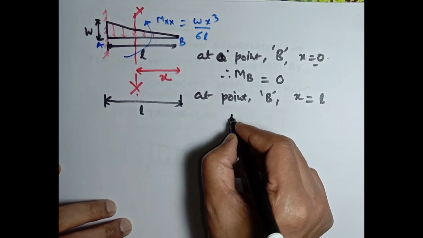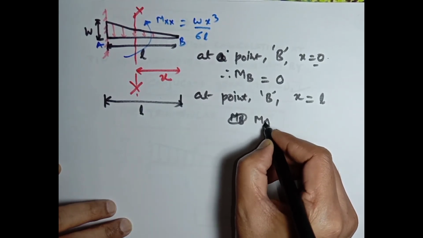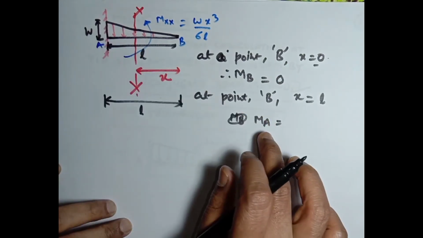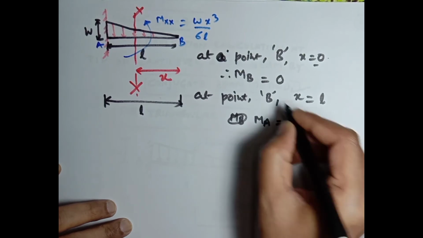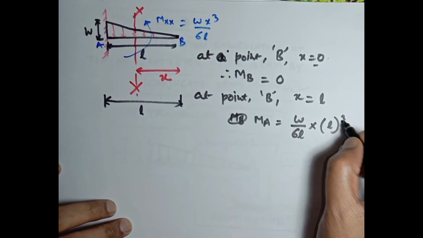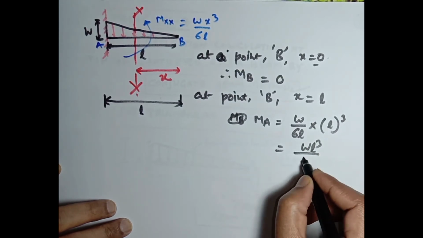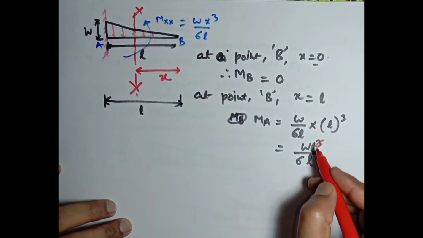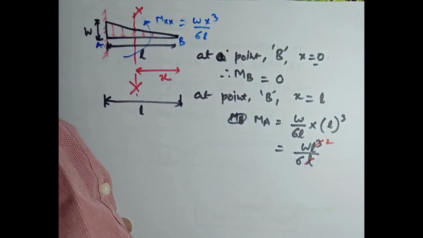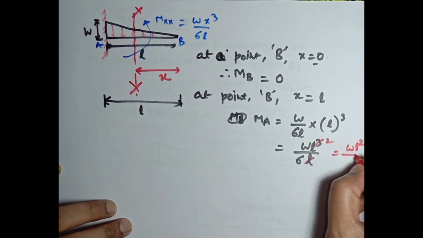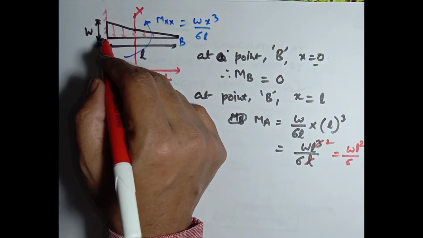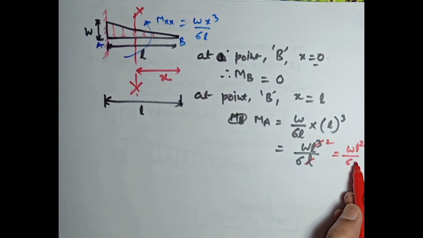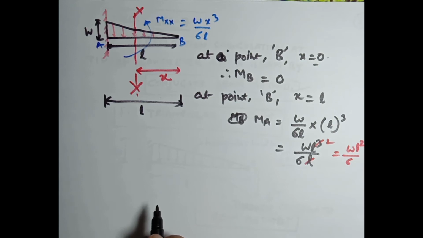So moment at A, MA, is W divided by 6L with L to the power 3 in place of x. So it will be WL cube divided by 6L. L cube divided by L cancels to L square, so it will be WL square divided by 6. This is the maximum bending moment at point A, the support moment, WL square by 6.